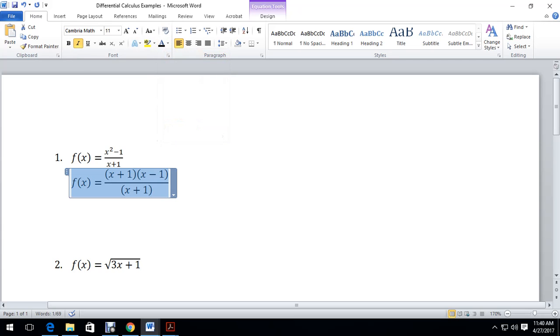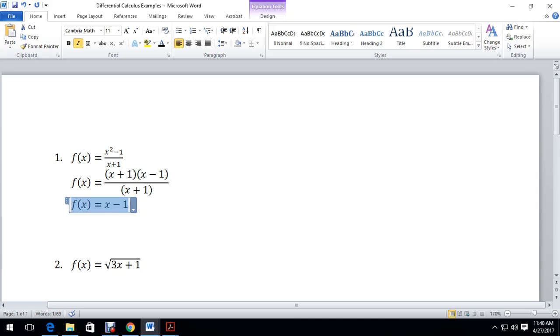Performing that, we can have the form of the original function as x plus 1 over x plus 1 times x minus 1 over x plus 1. Now notice that we can cancel x plus 1 from the result, resulting into the form of the function f of x equal to x minus 1.